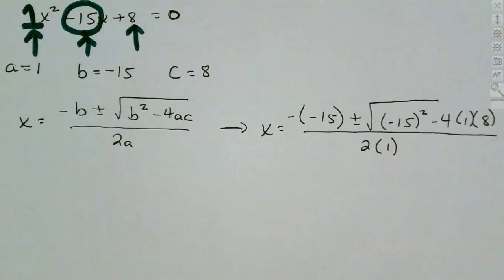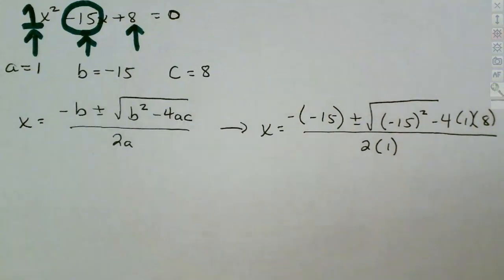The quadratic formula is really not that difficult to use and work with. However, you want to take your time and make sure you don't make mistakes with the signs. And I'm going to rewrite it, and then we'll do the discriminant on its own.